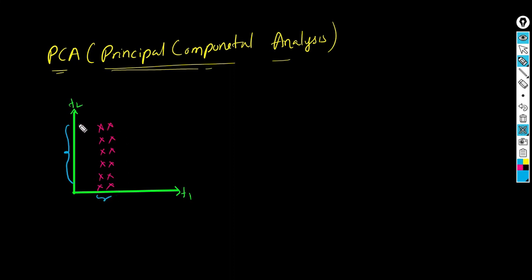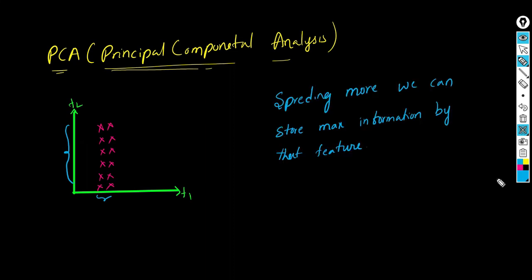That means if we know the F2 values, we can store the maximum information of this data. Where the spreading is more, we can store the maximum information by that feature. The spreading is more, that means the variance is going to be more. So F2 has more variance compared to F1.